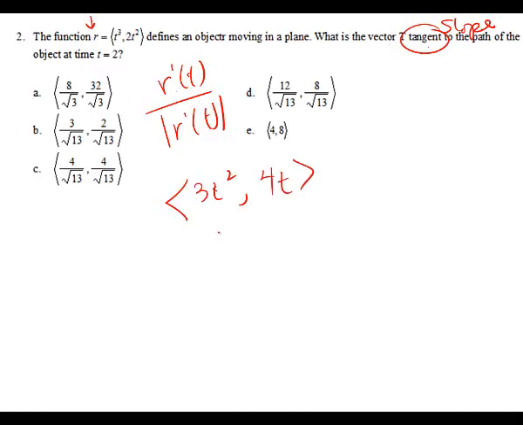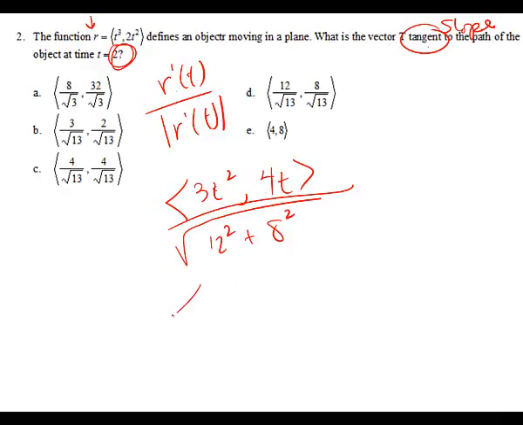All right, and then if I start looking at the magnitude of that thing, and I start plugging in the 2 into it and squaring it. So what's 2 squared, 4 times 3 is what? 12, so 12 squared. And then 2 times 4 is 8 squared.